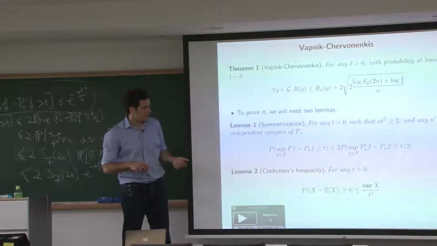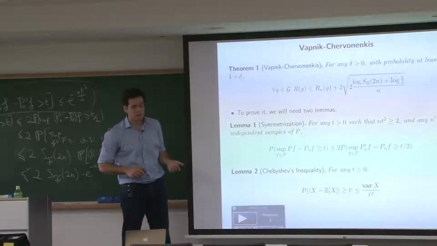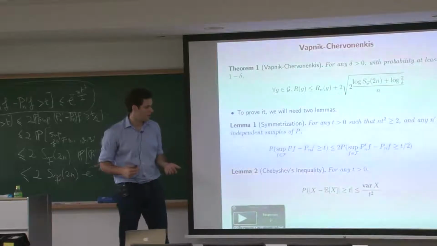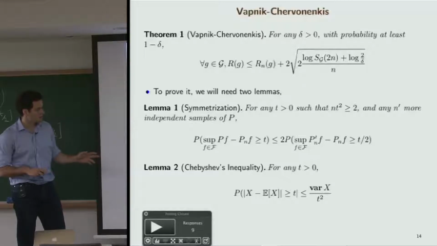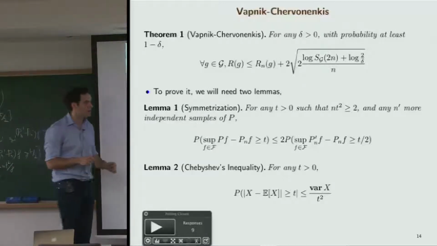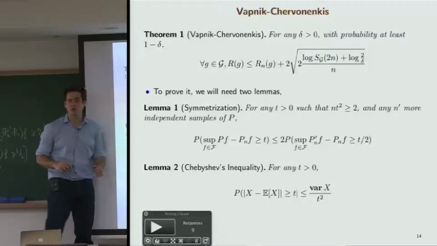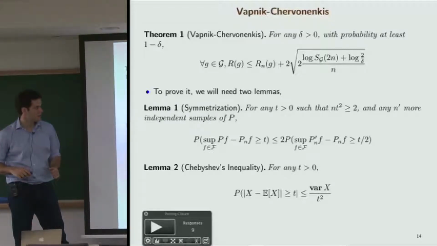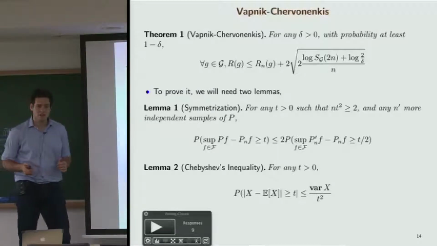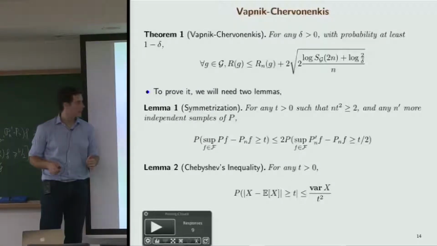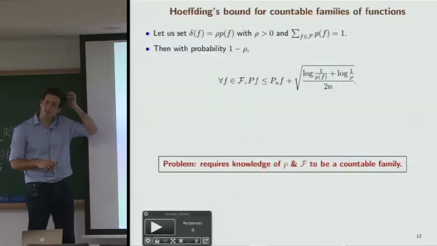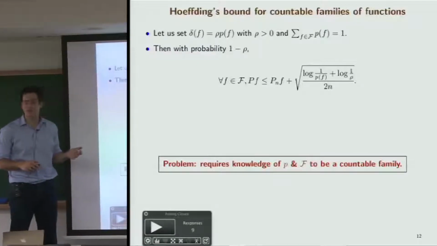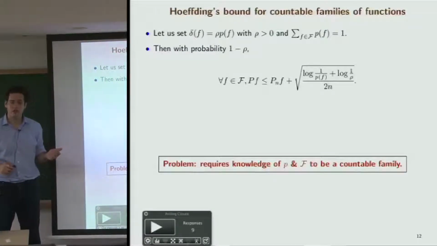So using this, plus the fact that we can now introduce the growth function of 2n and use a union bound in the end, plus Chebyshev's inequality, which was used to prove this lemma, we can obtain a bound which depends only on the growth function with 2n points. This is rather technical. I said that one of the problems of this approach was that it's not easy to come up with a good prior P of f.